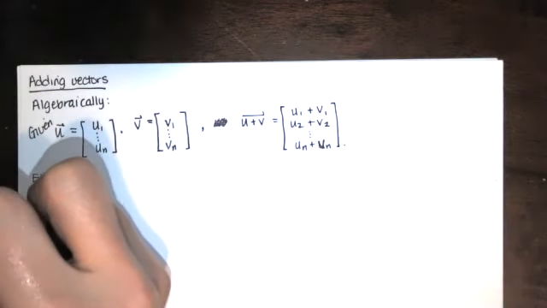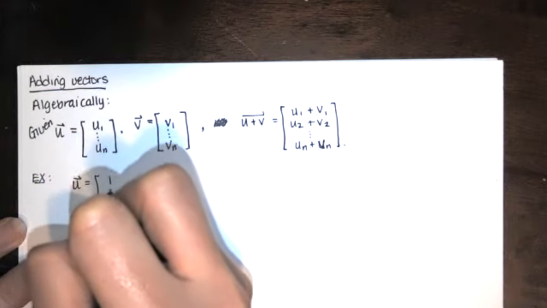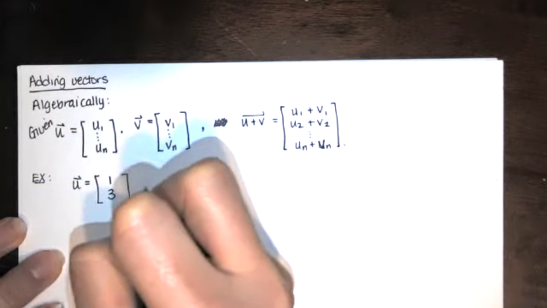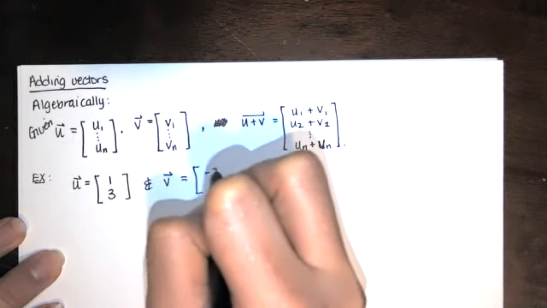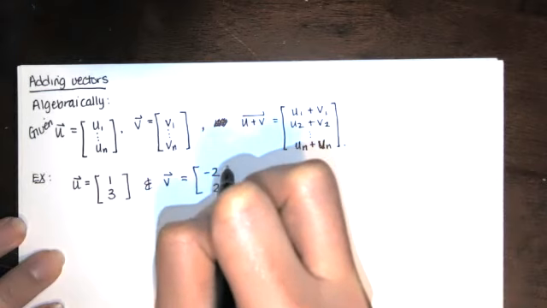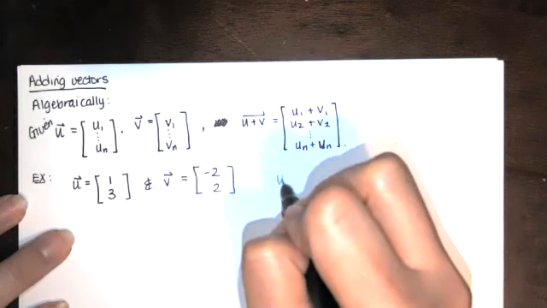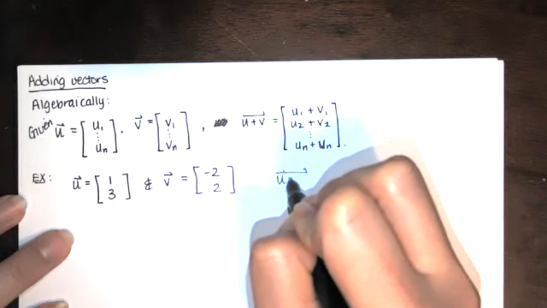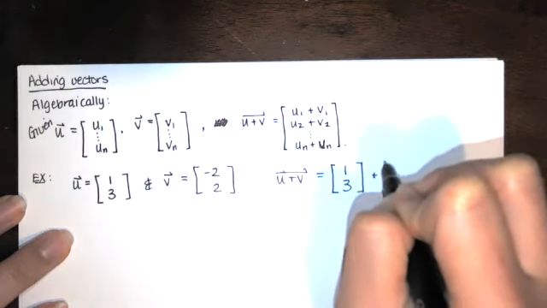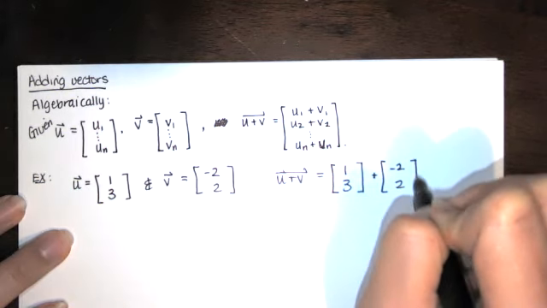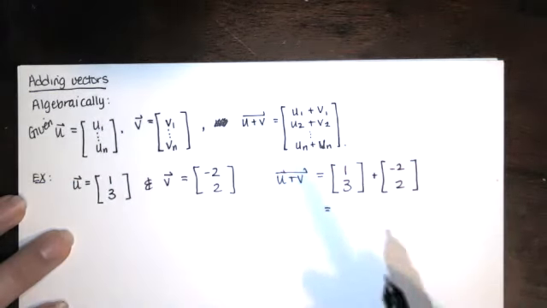So as a quick example, if we have the vector 1, 3, and the vector, let's say -2, 2, these are both in two-dimensional space. The vector u plus v comes from taking this vector u and adding this vector v. All you do is add component by component, and u sub 1 through u sub n are called the components of u.